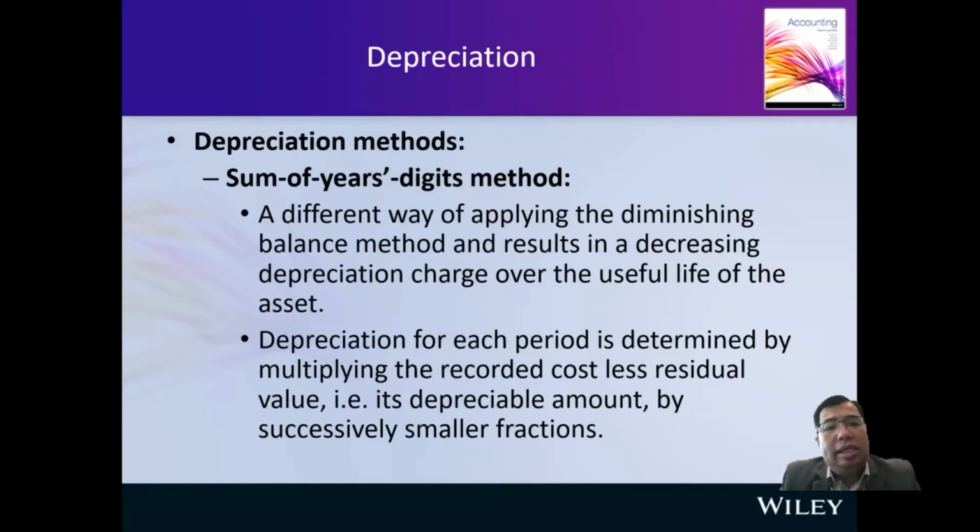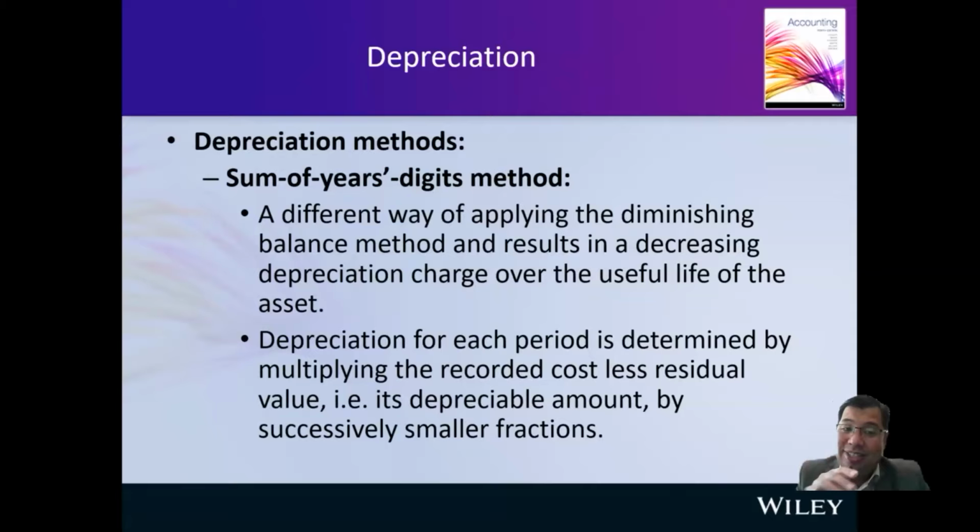Another technique is by using the sum of digits method. This is a very interesting method. We're going to provide depreciation based on the sum of digits method. It's a different way of applying the diminishing balance method, with a decreasing depreciation charge over the useful life of the asset.